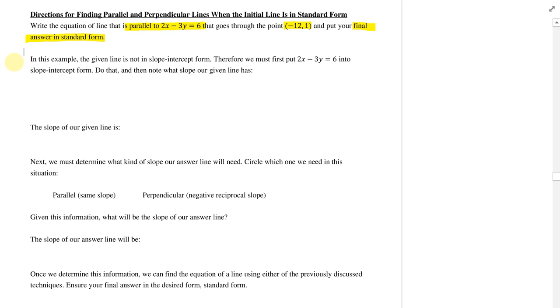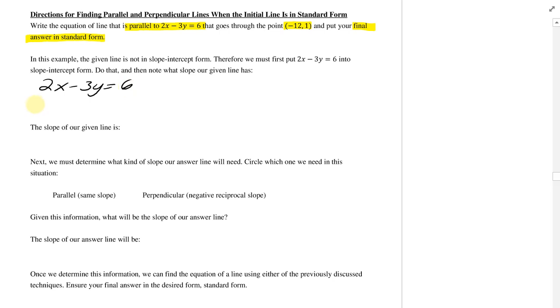Now, in this example, the given line is not in slope-intercept form, so this equation, 2x minus 3y equals 6, we have to put into slope-intercept form. So first let's do that. How do I get 2x minus 3y equals 6 into slope-intercept form? I solve for y. I'd highly recommend you pause the video and solve for y just to engage with this example a little.